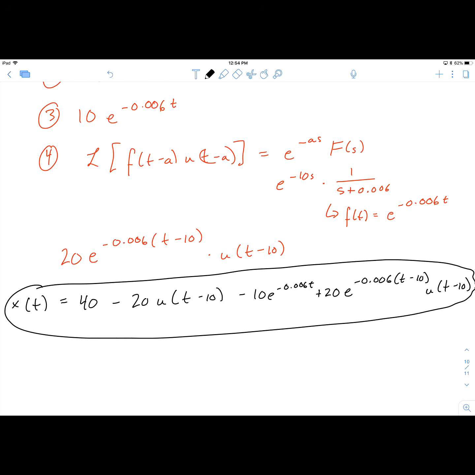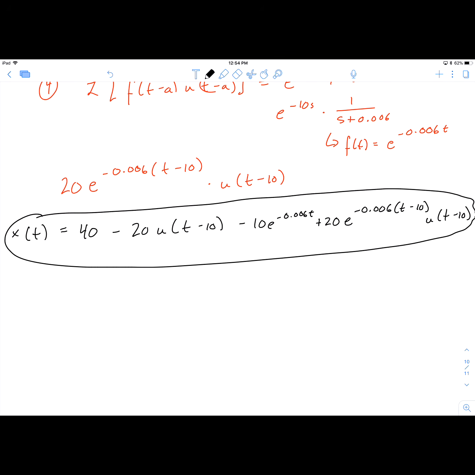Okay. So what this means is that part of these answers only apply before t equals 10, and then after t equals 10, some more of them could kick in. So if you wanted to write this in piecewise form, before 10, the only pieces that would be in the answer would be the 40 minus the 10 e to the negative 0.006t.